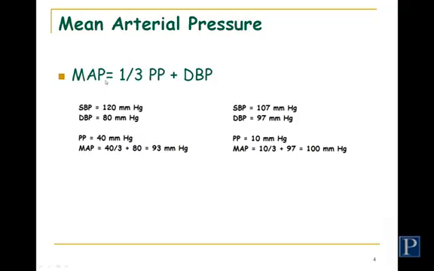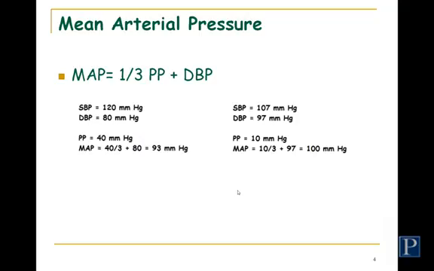What you notice, though, for this equation for mean arterial pressure, most of you are like, well, okay, what does mean to you? It means average. So if someone's blood pressure is 120/80, I would add the two numbers together and divide by 2. To me, that's average. So I would get 100 millimeters of mercury.